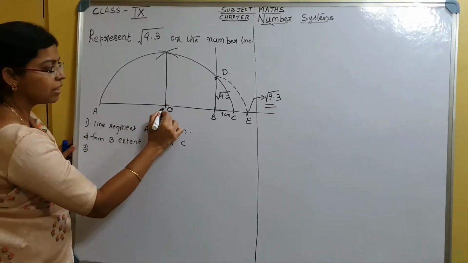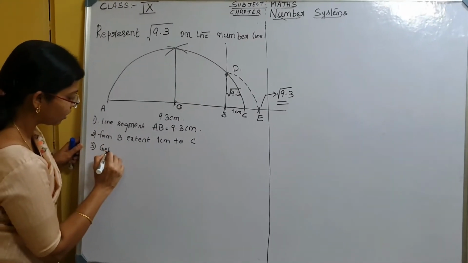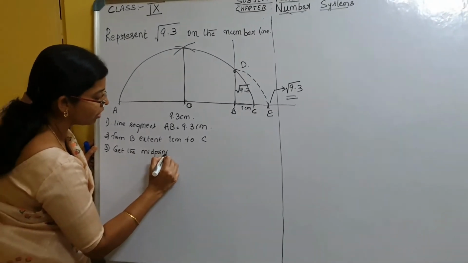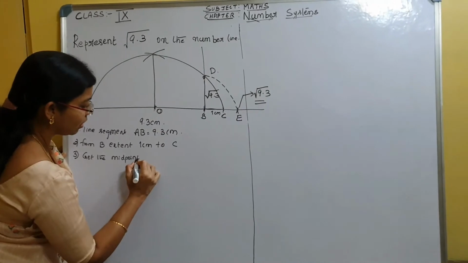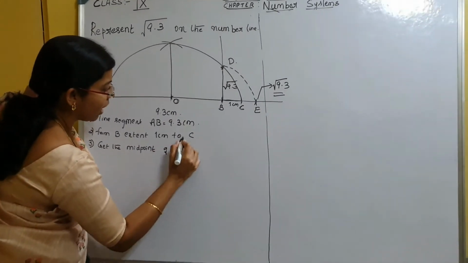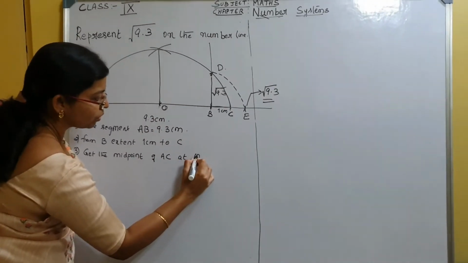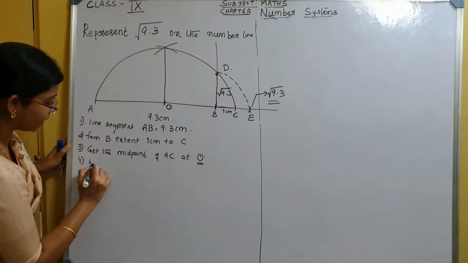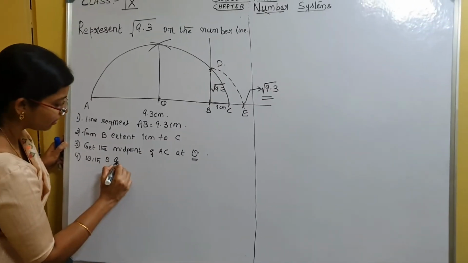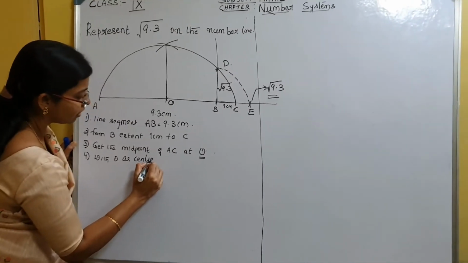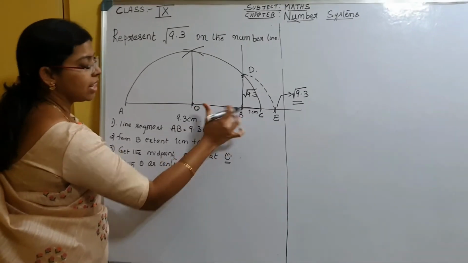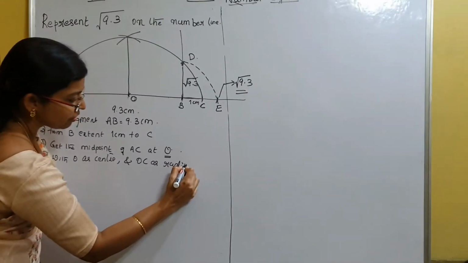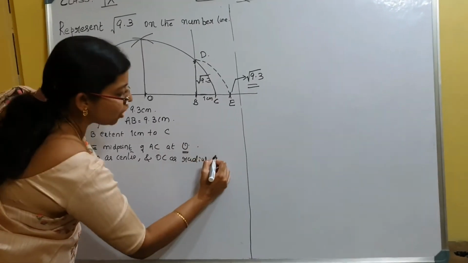The third step will be to get the midpoint of AC at O. Now, with O as center and OC as a radius, we will draw a semicircle.